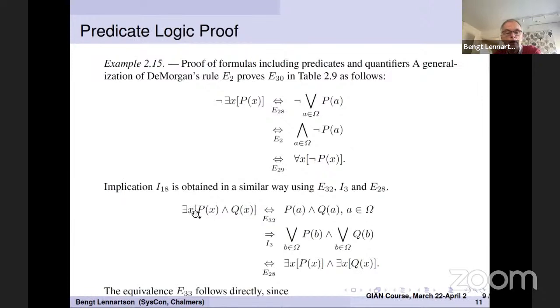When I express there exists P of X and Q of X, that can also be expressed as P of X and Q of X is true for one specific element A in omega. And this is a trick which is also used in natural deduction.